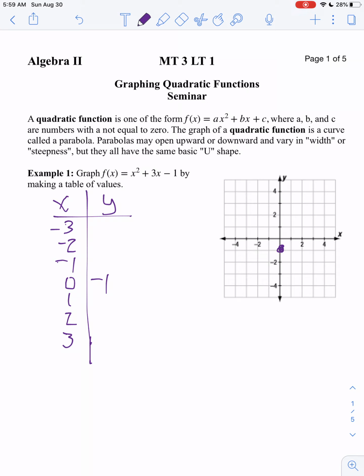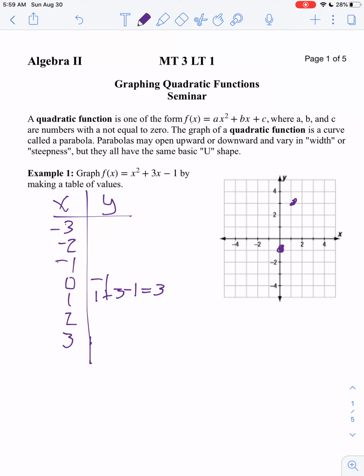Now let's do 1. 1 squared is 1. Plus 3 times 1 is 3, minus 1. 1 plus 3 is 4, minus 1 is 3. So when you're at 1, I'm going to be up at 3. Already I notice I'm going to the right here, aren't I?